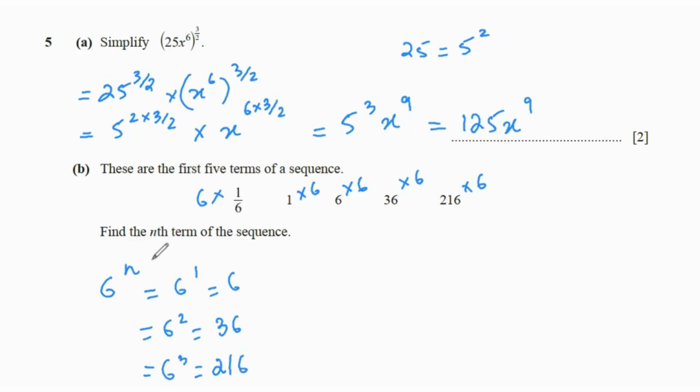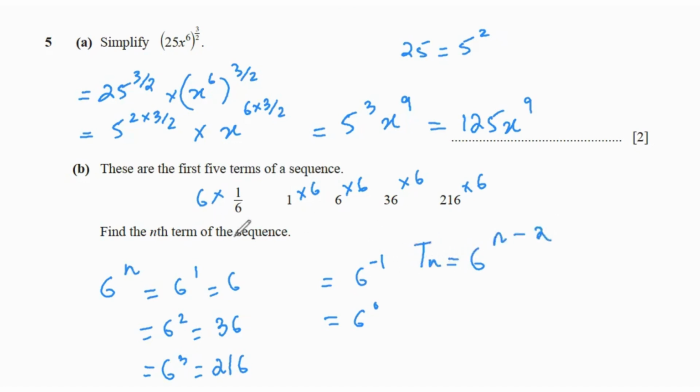But for the first one, it's going to be 6 to the power of -1. And the second one is 6 to the power of 0. So we're starting from n equals -1. So to make 6 to the power of n give us 1 over 6, we'll write it as 6 to the power of n minus 2.